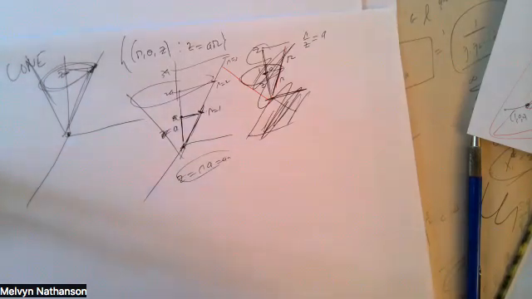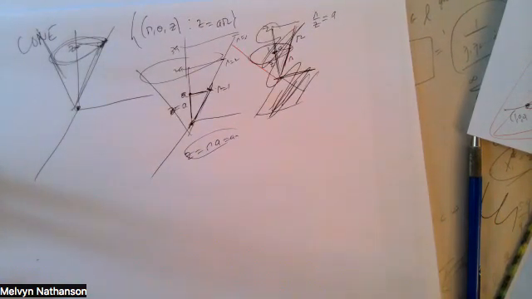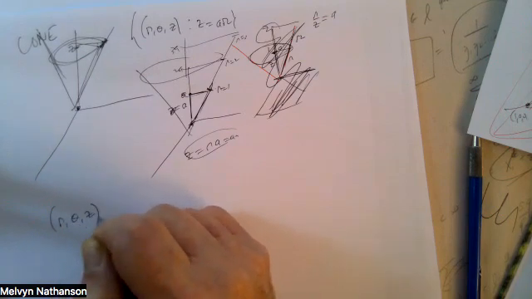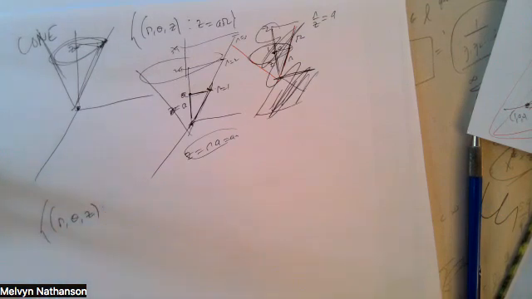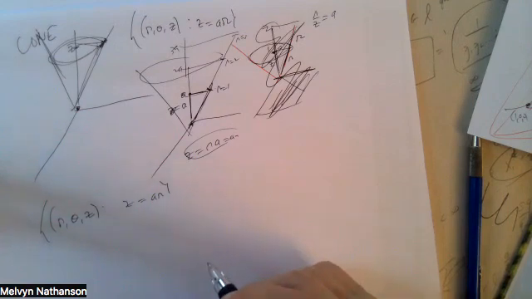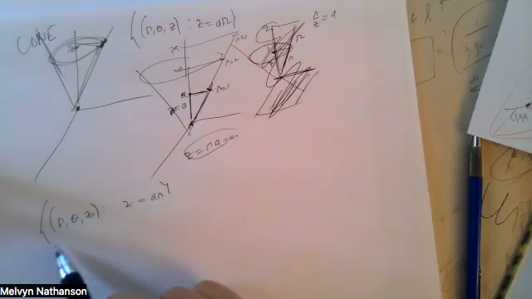I don't think I'm presenting this very clearly. So let me try again. If you look at the set of all points r, theta, z, where z equals ar, what does that describe? Theta is unrestricted.